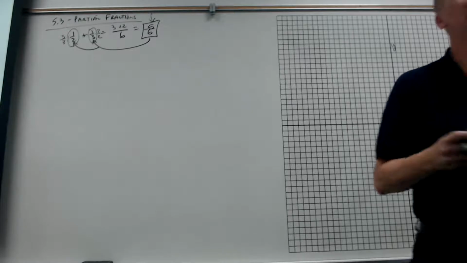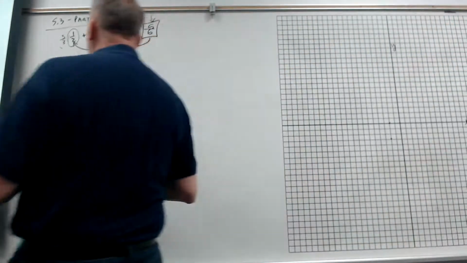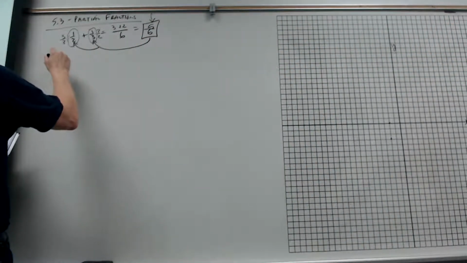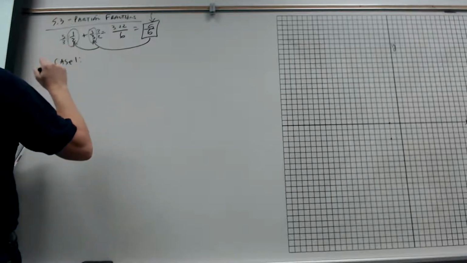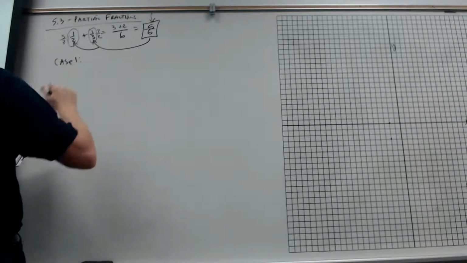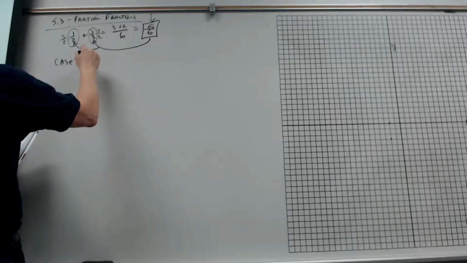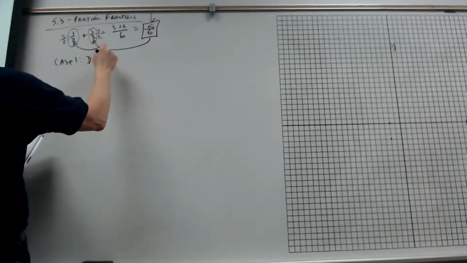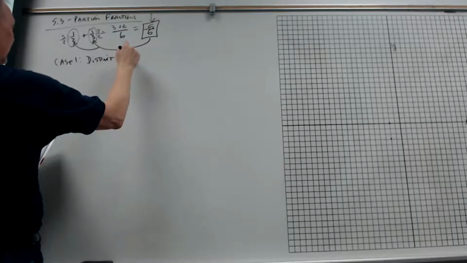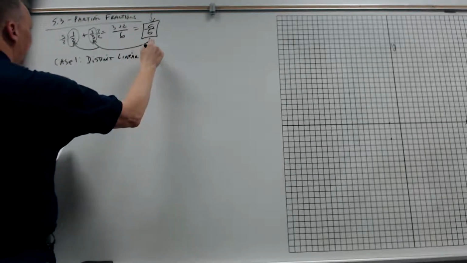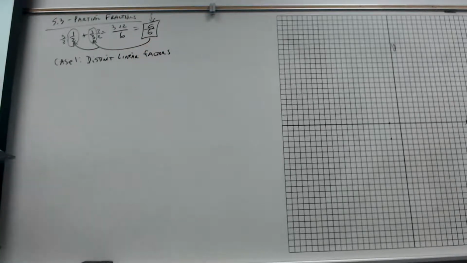And basically, here's what we're going to do. I'm going to give you 4 cases. Case 1 is distinct linear factors. Okay? We're actually going to do 4 cases, and I'm going to show these to you one at a time.